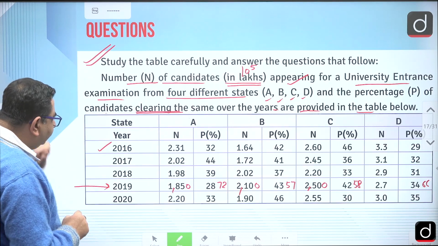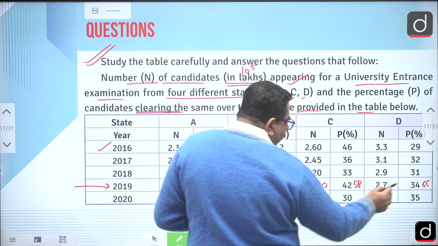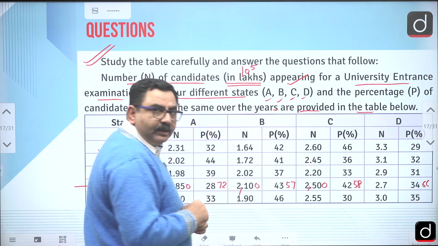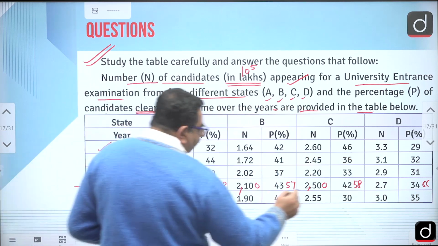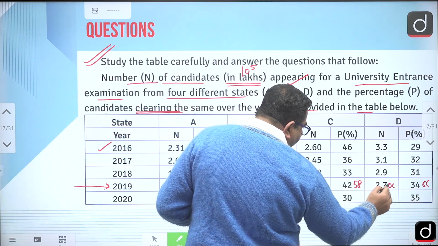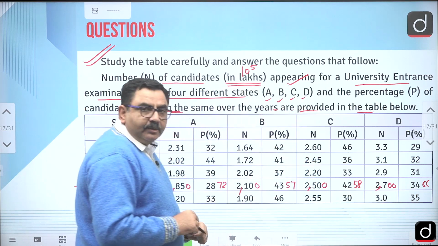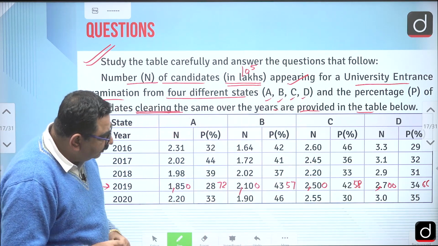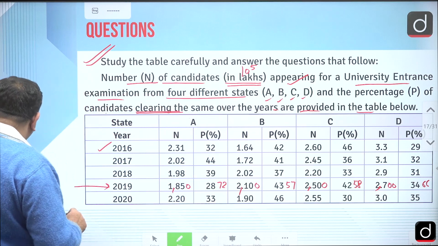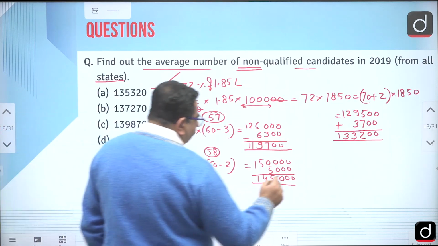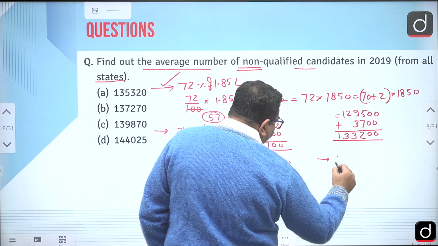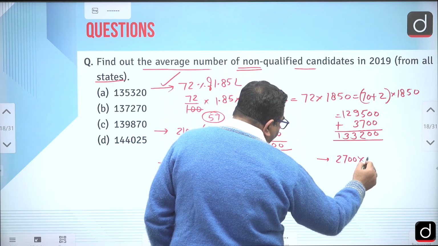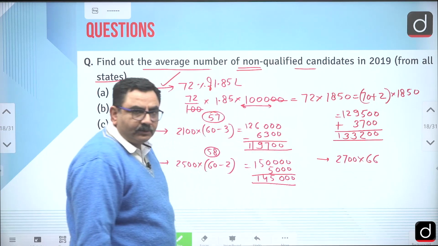Now the next data, if you see, is 66 into 2.7. I can multiply with 1000 and write the data as 2700 into 66. Here I am calculating 2700 into 66.